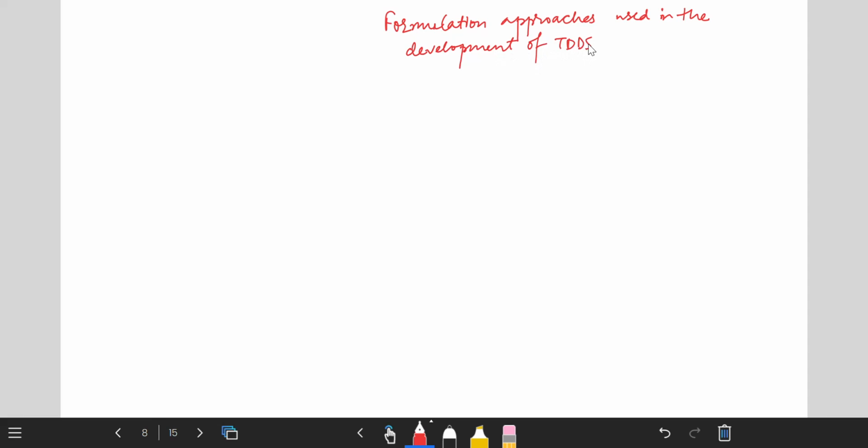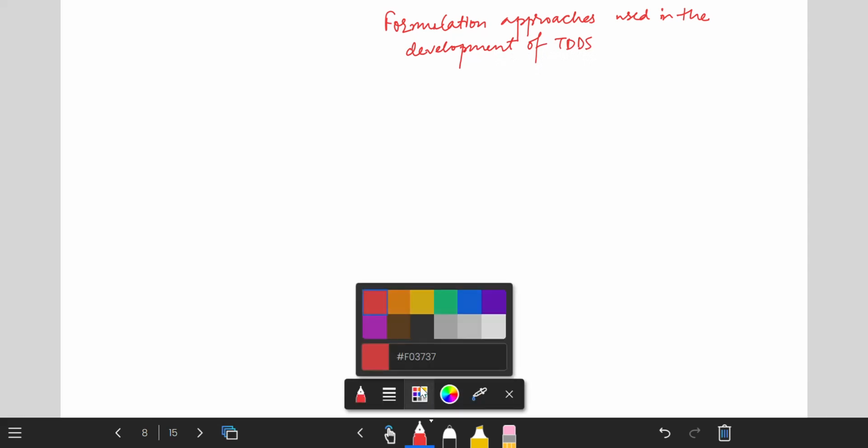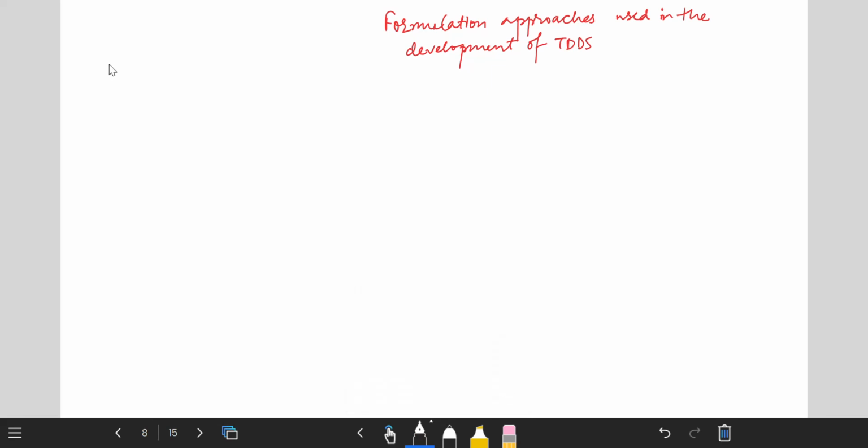There are mainly 4 approaches used. So the 4 approaches are, first one is membrane permeation control system.